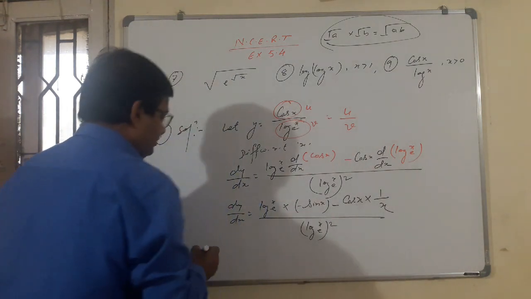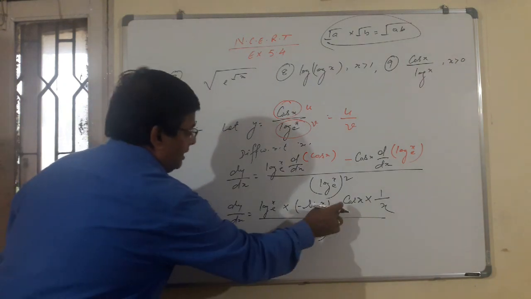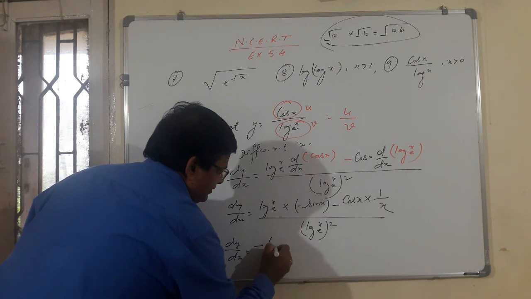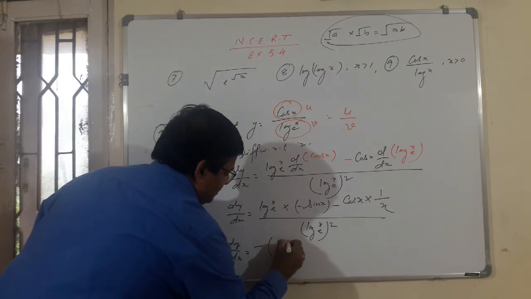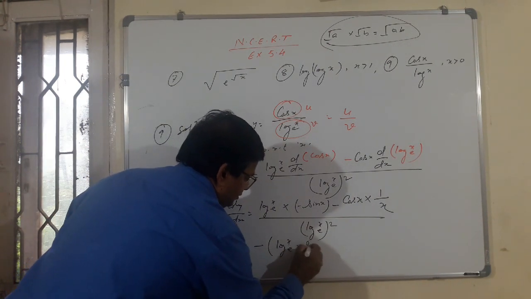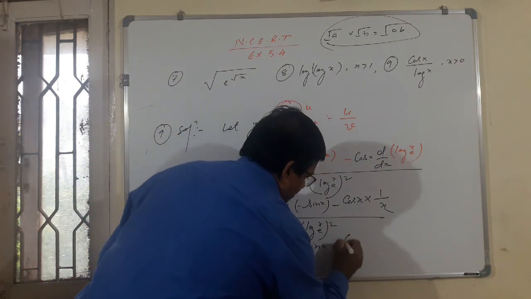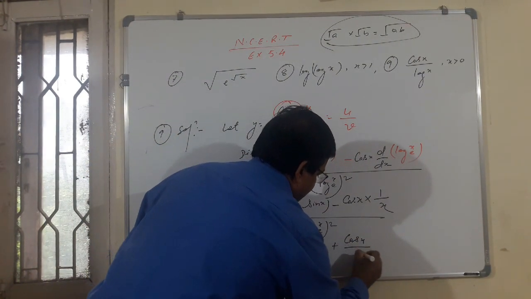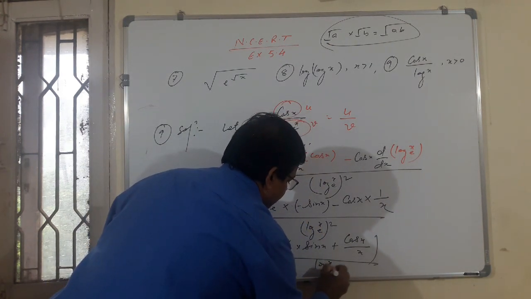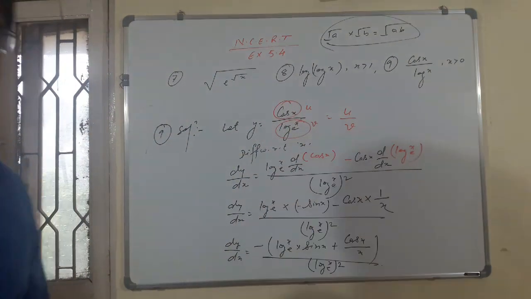So minus is taken out, and here it becomes log x to the base e into sin x plus cos x by x, divided by log x to the base e whole square. This is your answer.